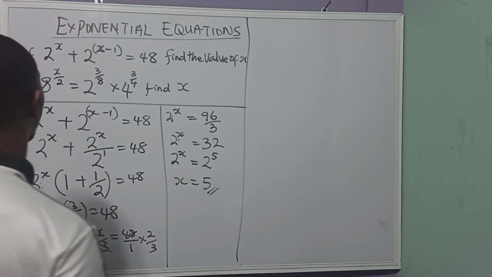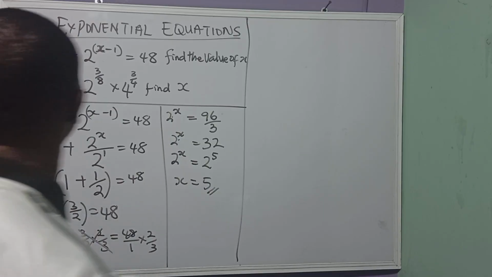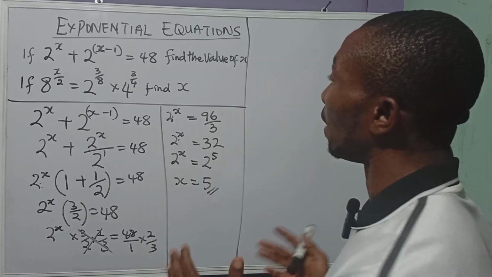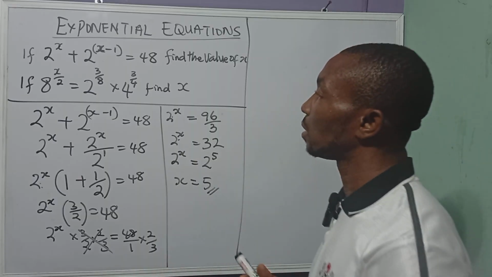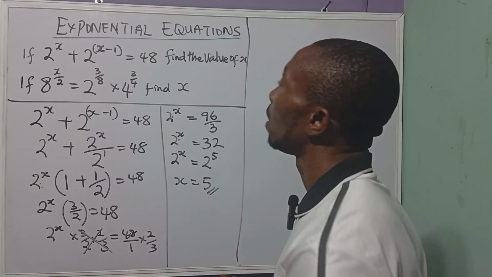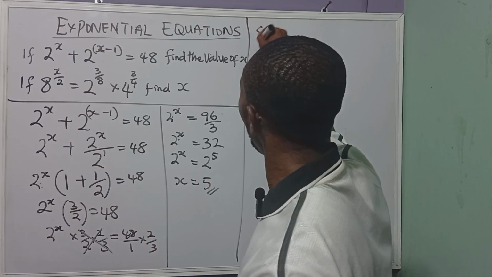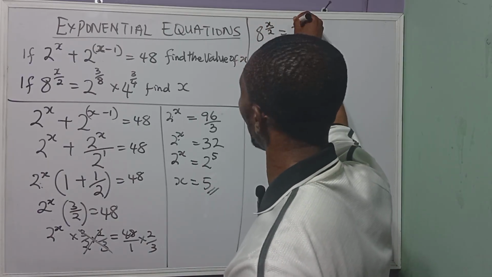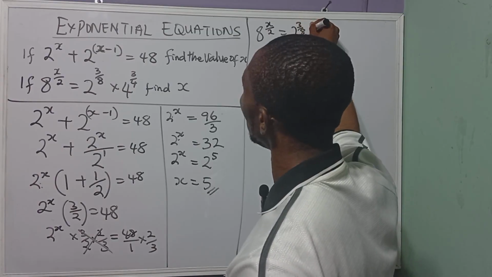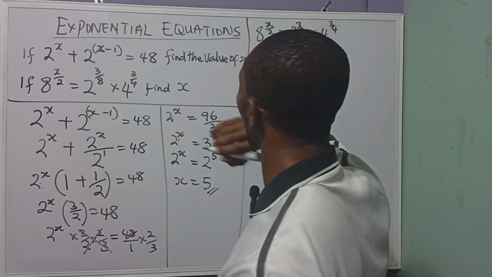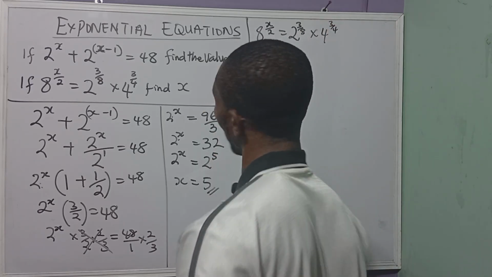Now, to the next one. It says if 8 raised to power x divided by 2 equals 2 raised to power 3 over 8 times 4 raised to power 3 over 4, we should find the value of x.